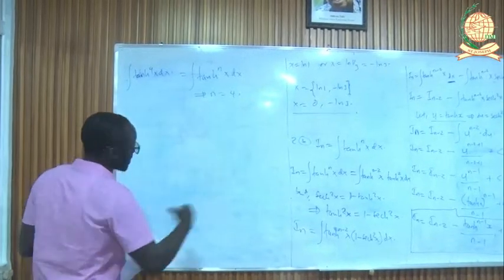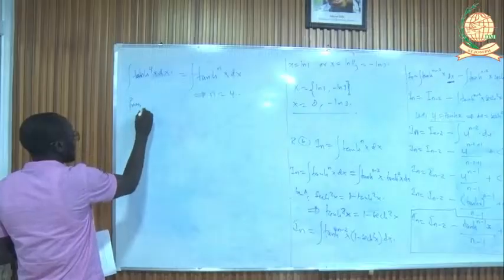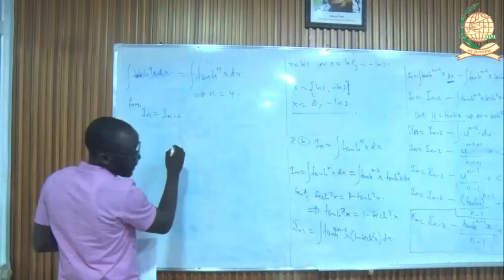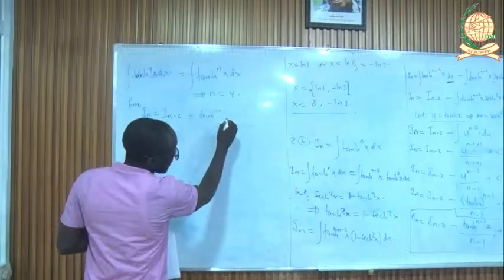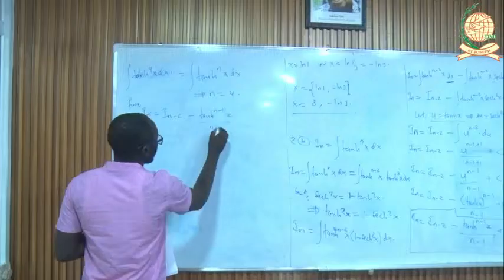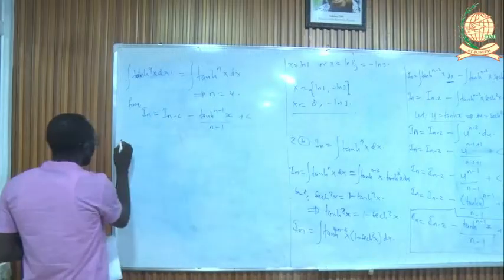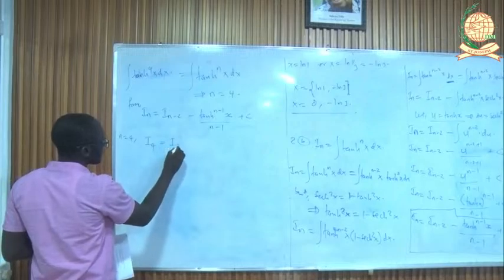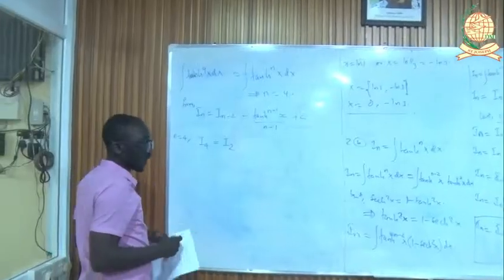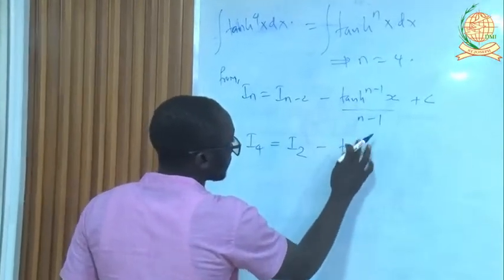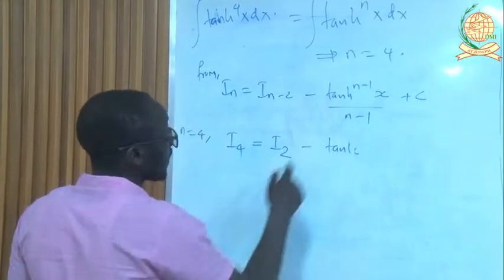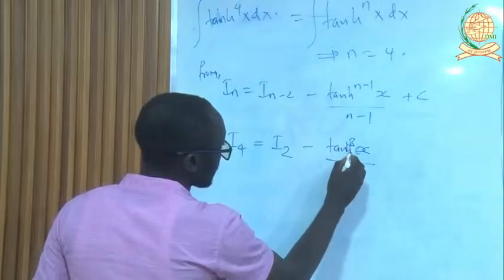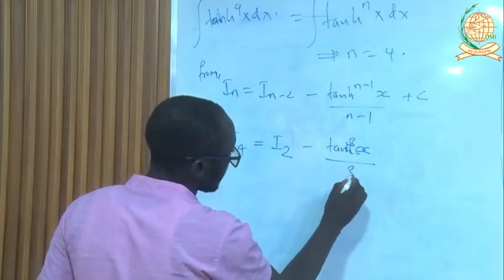For n equals 4, from my formula, I_n is I_{n-2} minus tanh of (n-1)x over (n-1) plus c. So I_4 is going to be I_2, because it is 4 minus 2 here, minus tanh of 3x over 3, because 4 minus 1 is 3, plus the constant c.